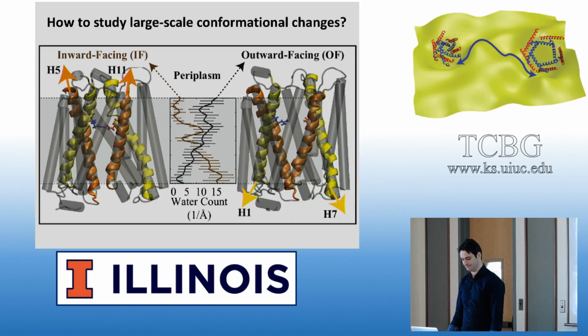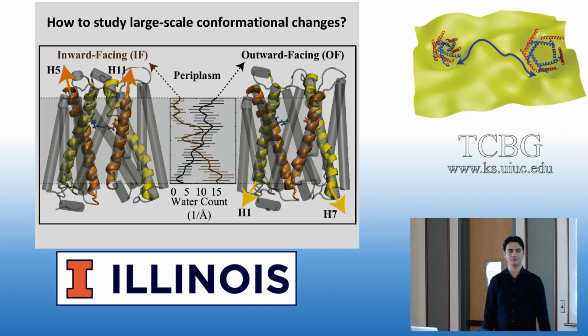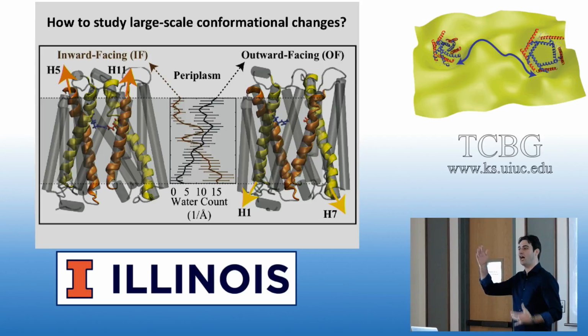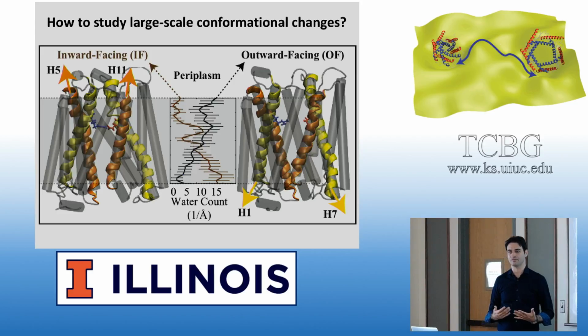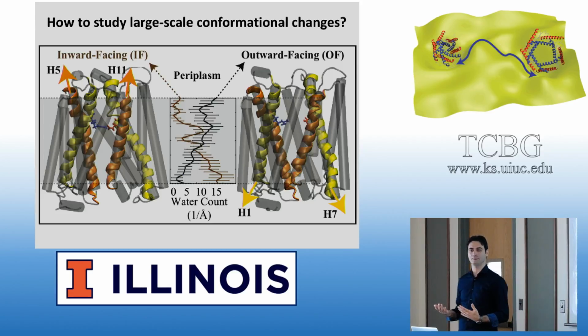For instance, for other transporters, we've used some collective variables that have resulted in an intermediate which is open to both sides of the membrane. We know that's not possible for a transporter because it defies the alternating access mechanism.